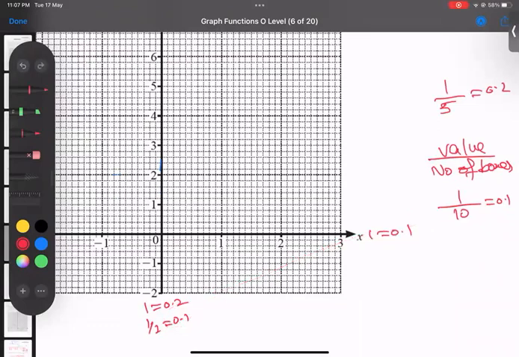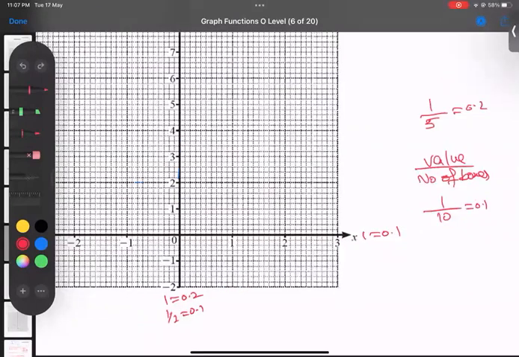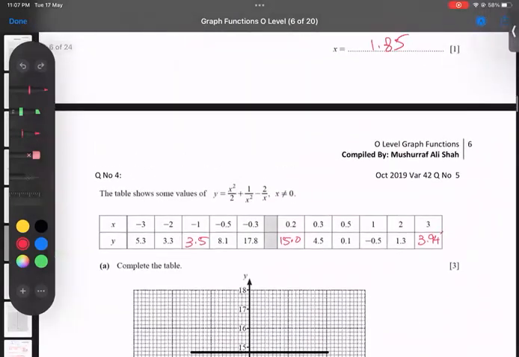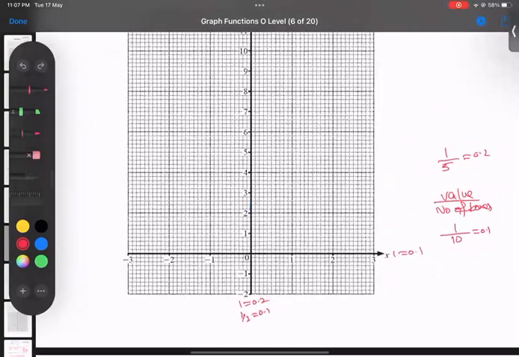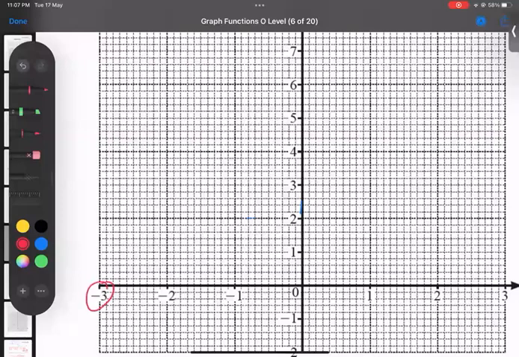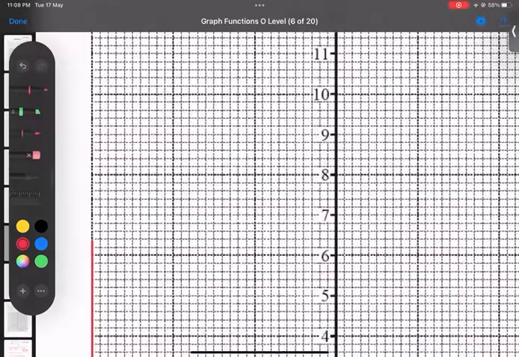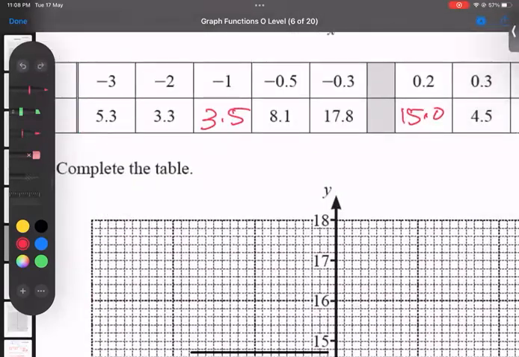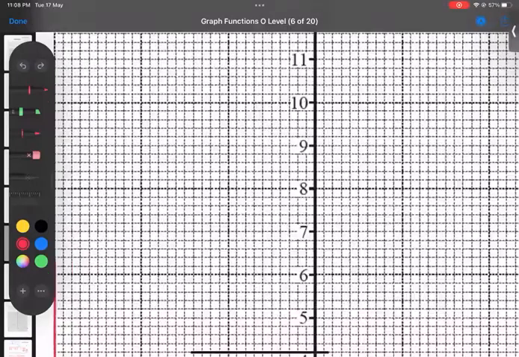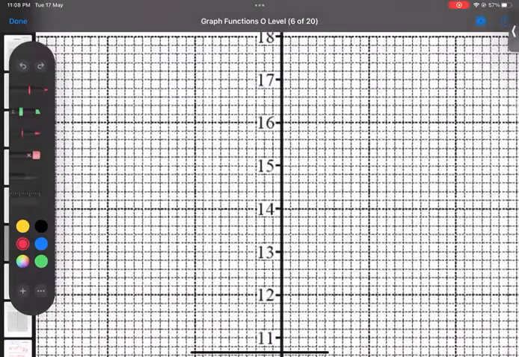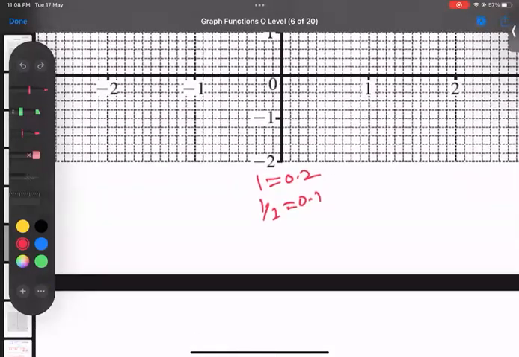That is why I want to see where 0.1 is. The points are -3 and 5.3. -3 is here, it means a line goes here. And where is 5.3? One small box, as I mentioned below, is 0.2, half a box 0.1.